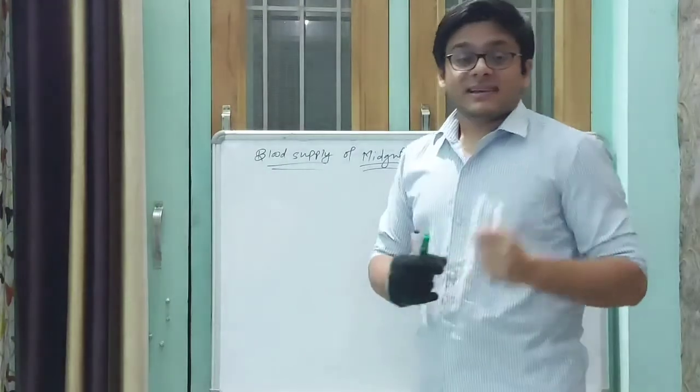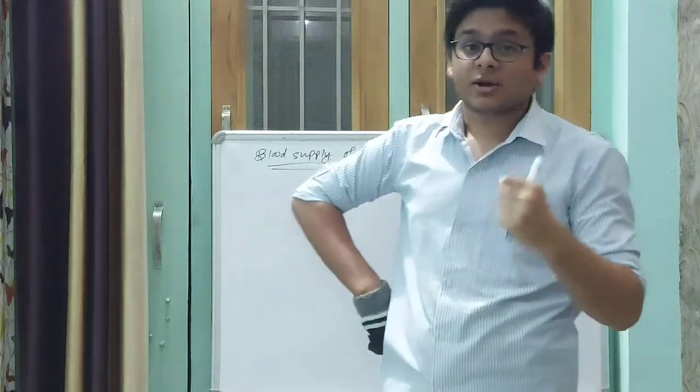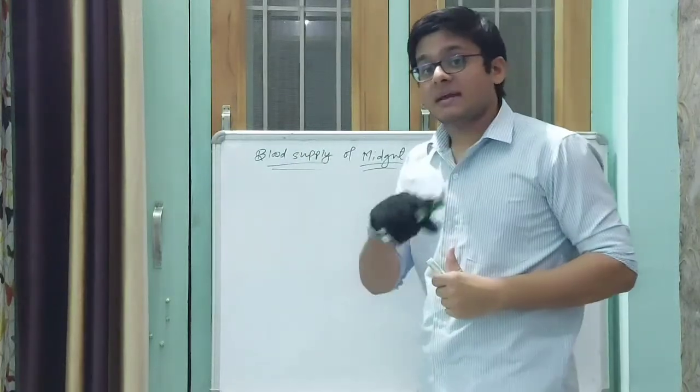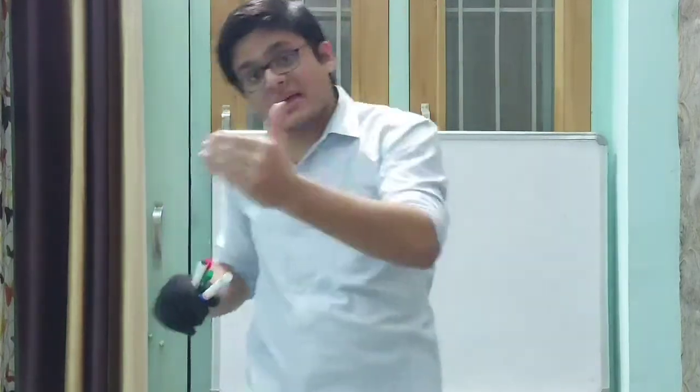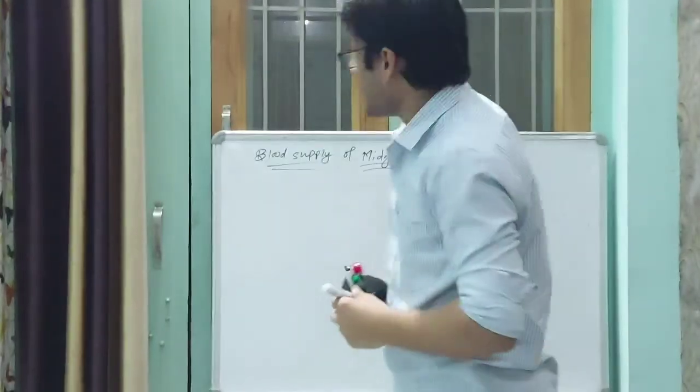If you watch my celiac trunk video, I have discussed the anterior and posterior superior pancreatico-duodenal artery, and I have mentioned in my previous lecture that if there is anterior and posterior superior pancreatico-duodenal artery, then there must be an anterior and posterior inferior pancreatico-duodenal artery, which would anastomose with the branches of the superior pancreatico-duodenal artery.